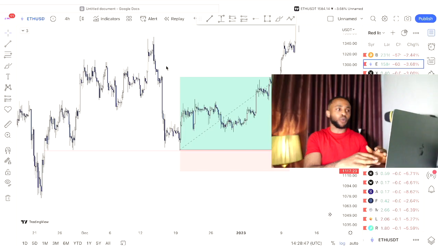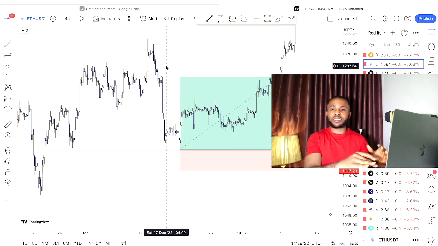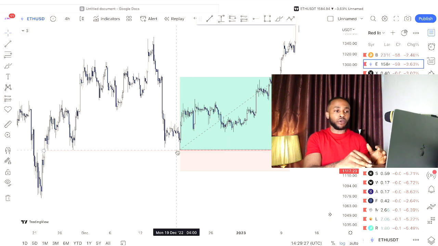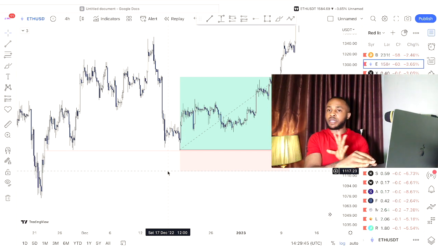For example, this was an Ethereum USD trade I actually took. I already know where my entry point is, which is somewhere at around 1,151, and I knew that my invalidation is 1,116, meaning that once the trade starts going against me, the trade is going to close at around 1,117, and then I will have lost just $80.